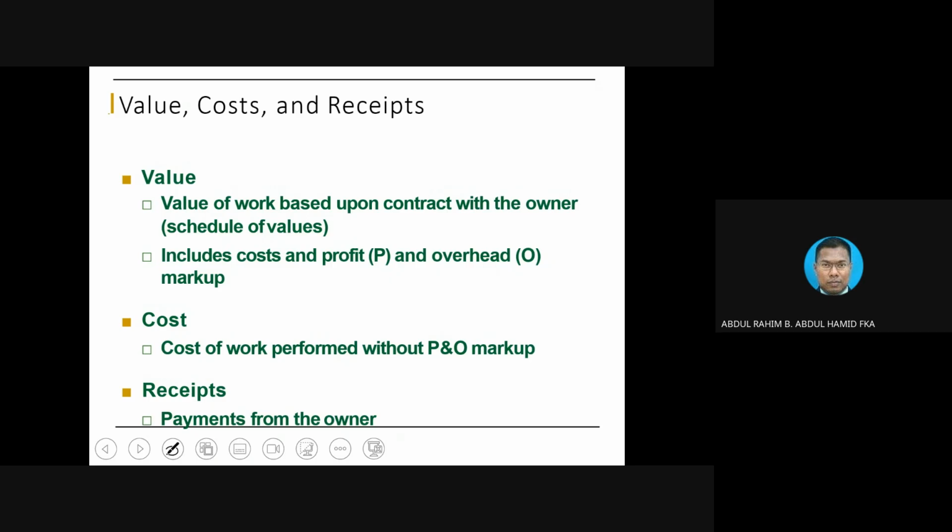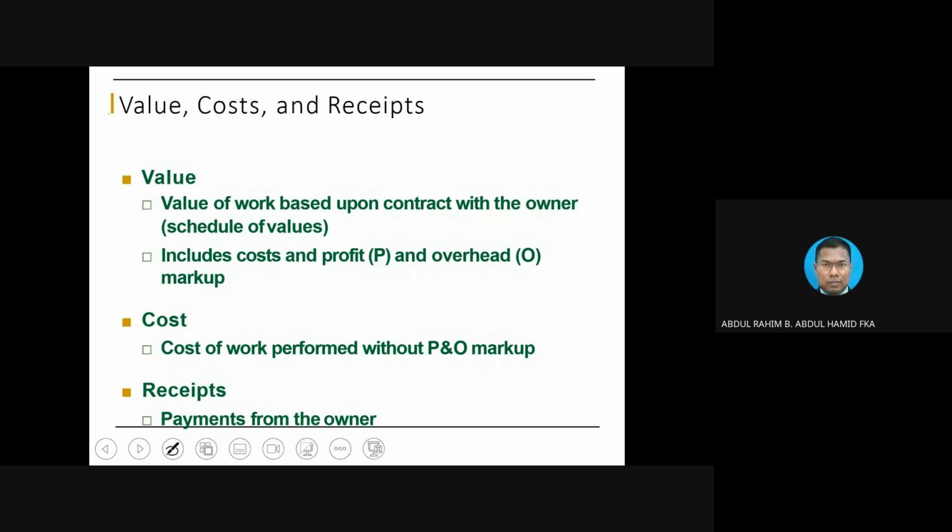Value is normally the one we associate with the contract value that the client will bear. Cost is basically the expenditure by the contractor to buy things in order to fulfill the requirements of the project. On top of that, of course, the contractor has to make a profit, so the contractor will mark up some profit. And then receipt. Receipt is equivalent to payment.